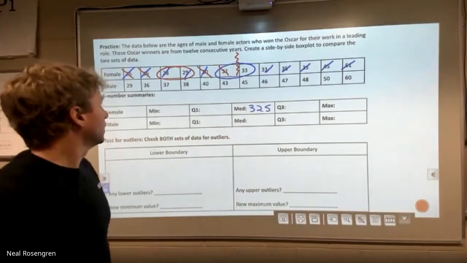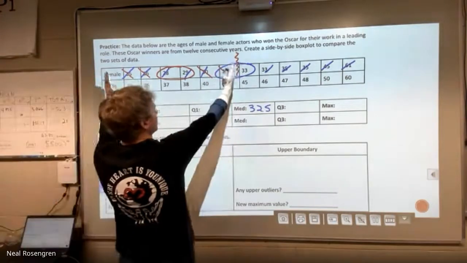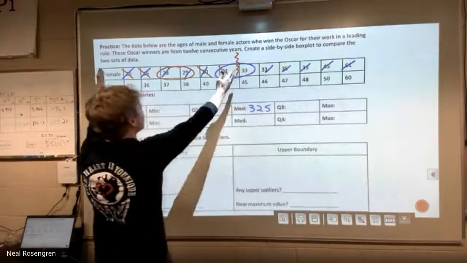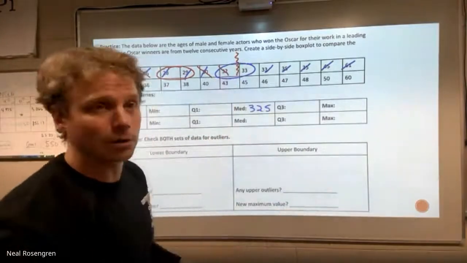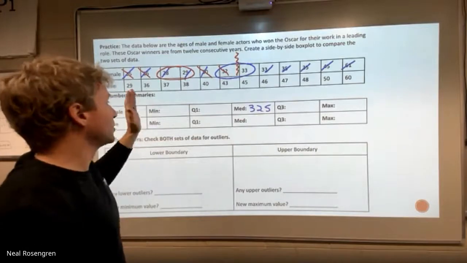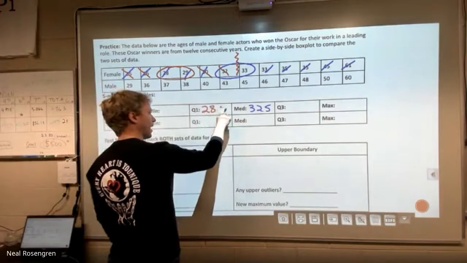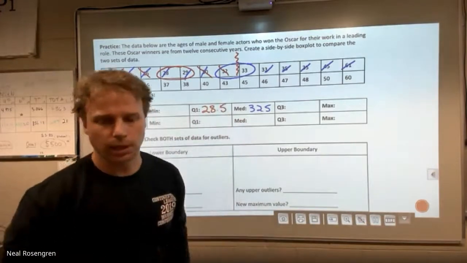Because I've got 6 numbers down here, and 6 numbers up here, again, an even number means I don't really have a middle. So I got the 28 and the 29. I got to find the average of those two, just halfway between. So 28 and a half.